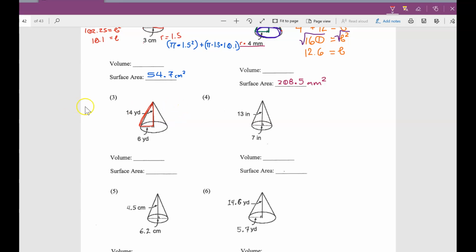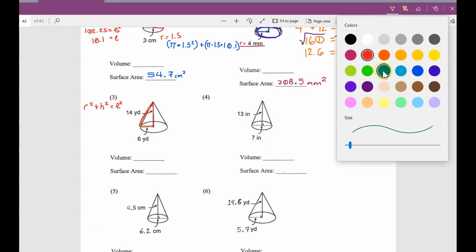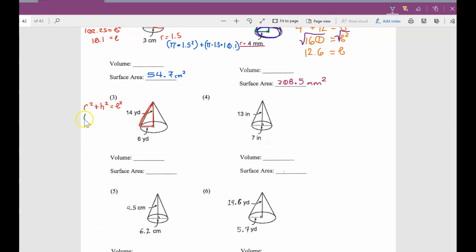So we're going to do radius squared plus height squared equals slant squared. The information that we have is we know the radius is 6, so 6 squared. We know that the height is 14, squared. And we use that to find our slant.